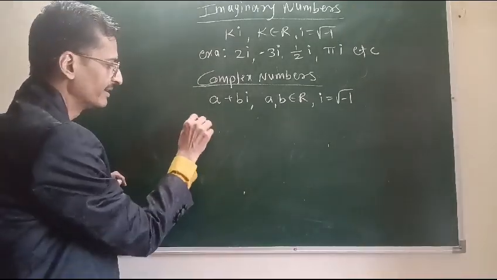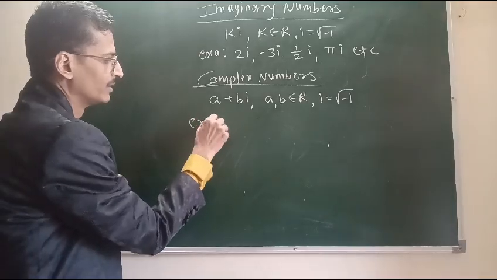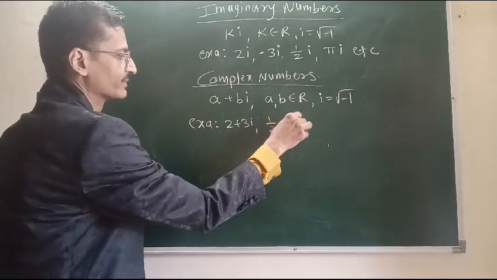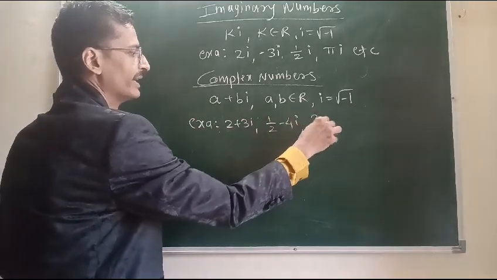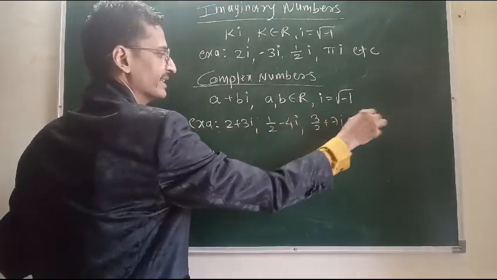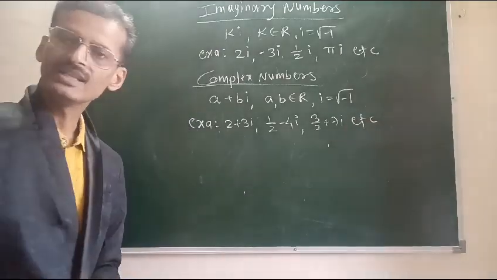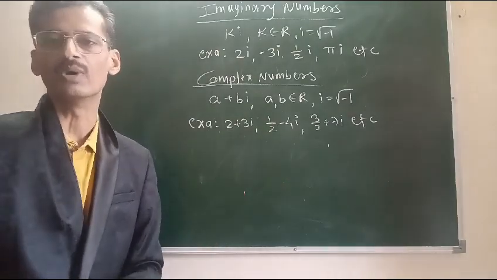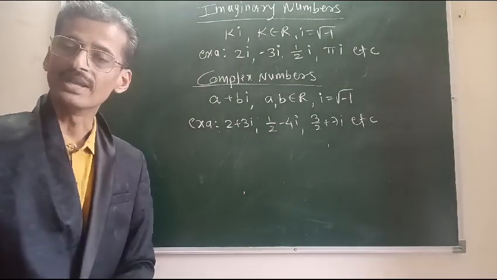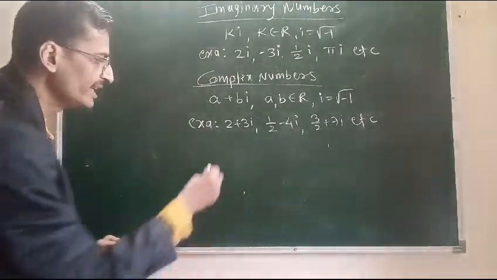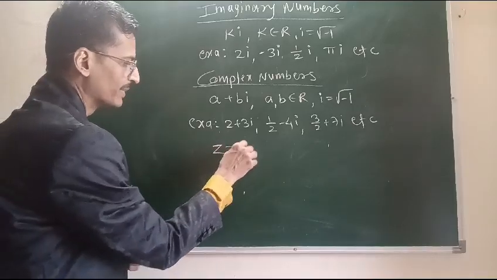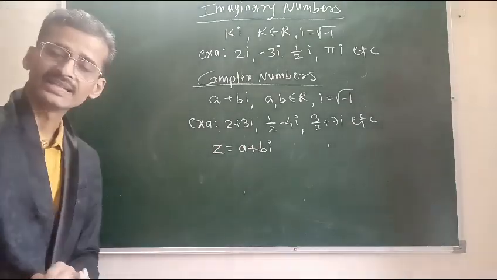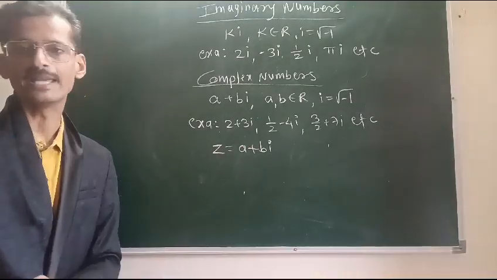For example, 2 plus 3i, or half minus 4i, or 3 by 2 plus 7i, etc. So any real number a plus some real number b into i is called a complex number. Now generally we write z for the complex number a plus bi. We use the letter z. So suppose now z is a plus bi.